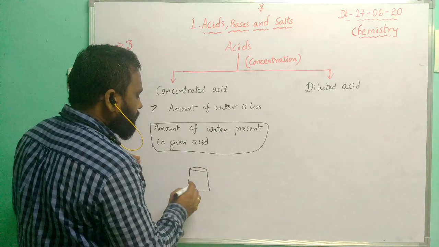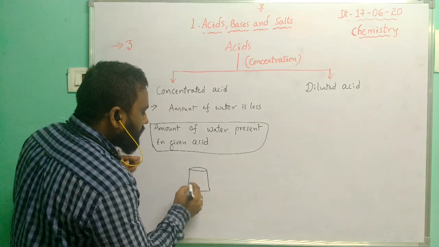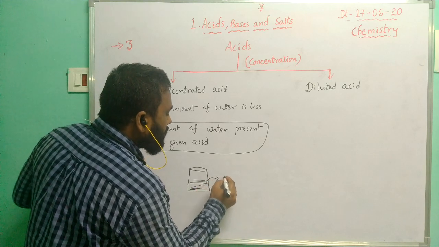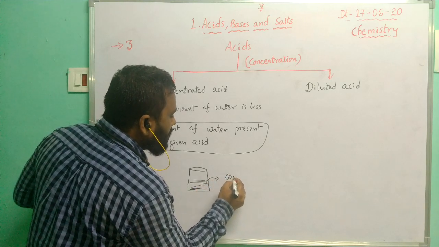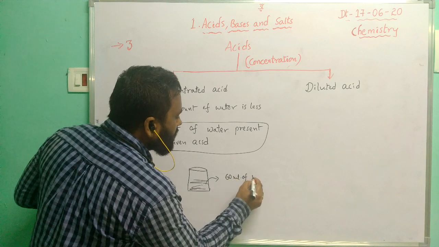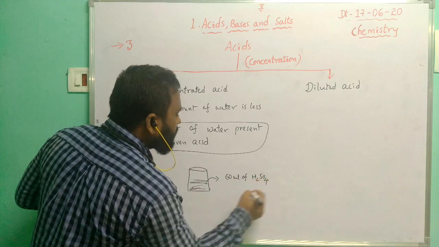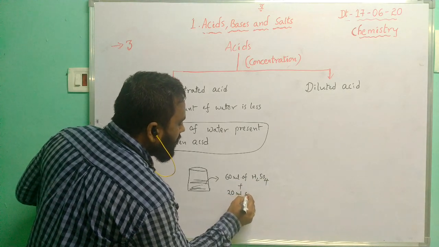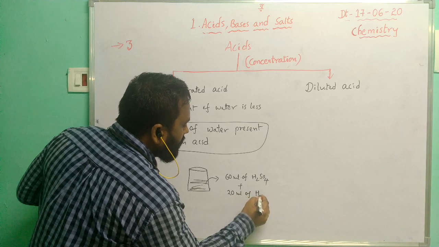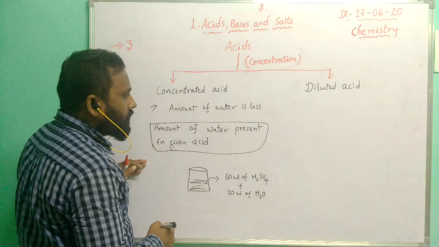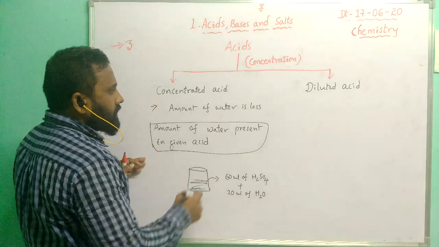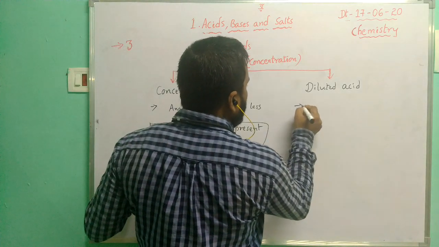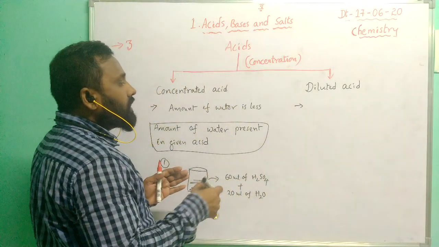The beaker contains 60 ml of H2SO4 and 20 ml of water. This is the first case. Here, diluted means the amount of water is more.